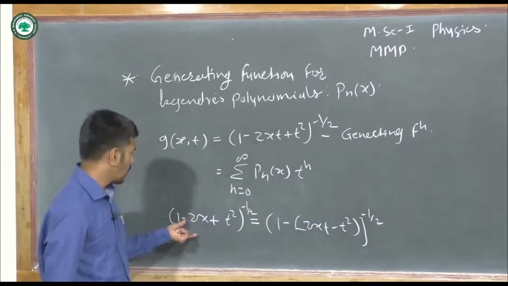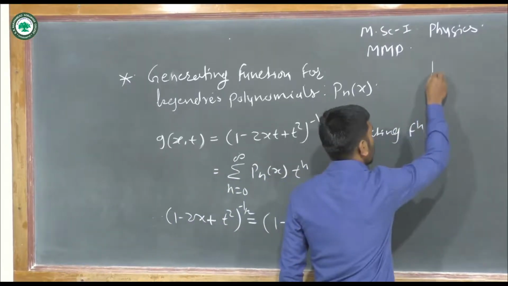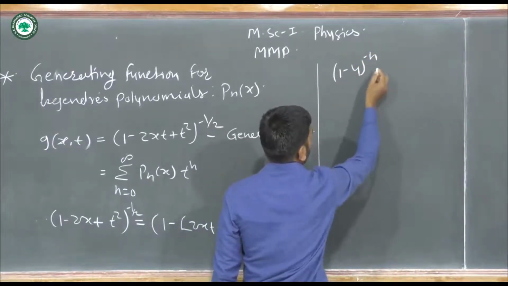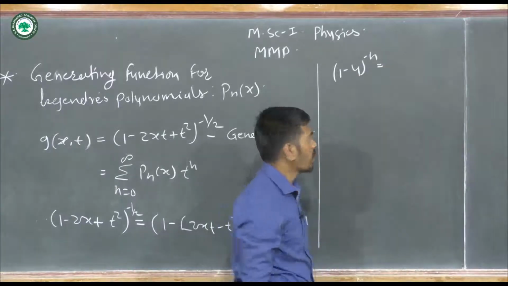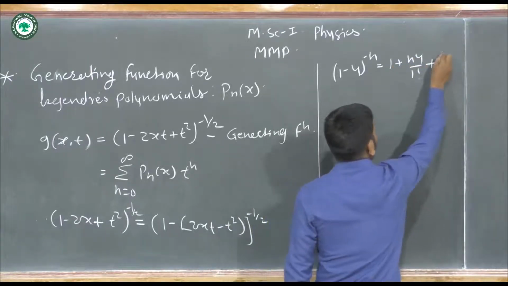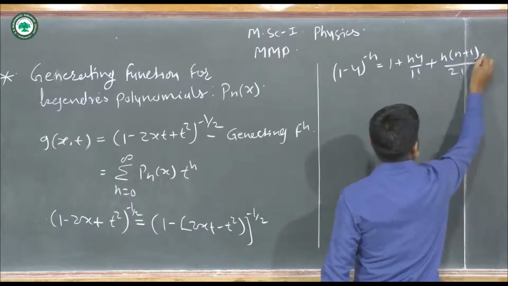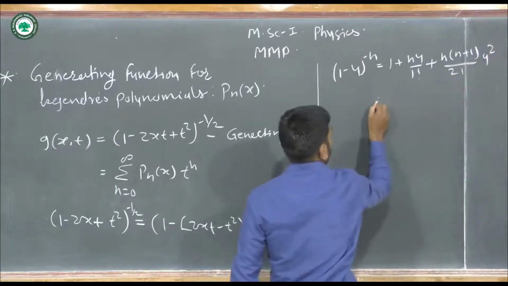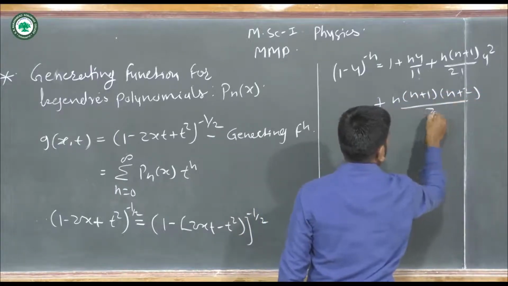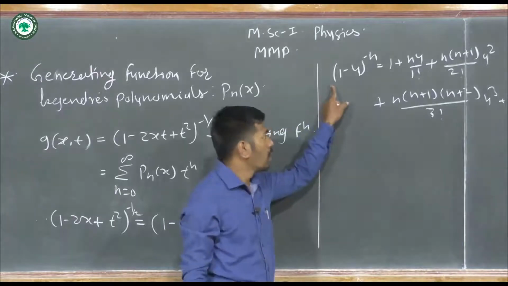We know the binomial expansion for such brackets: 1 minus y, power minus n, can be expanded as 1 plus n y by 1 factorial plus n into n plus 1 divided by 2 factorial into y square plus n into n plus 1 into n plus 2 divided by 3 factorial into y cube and so on.